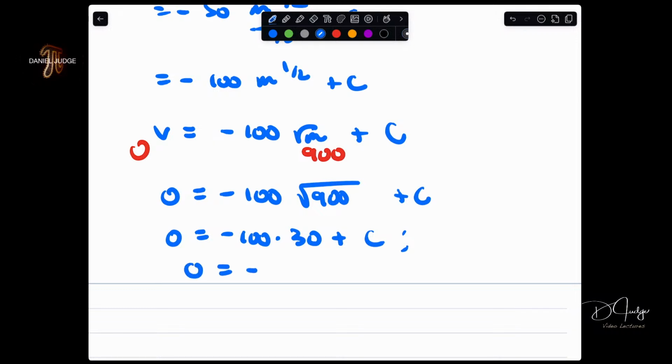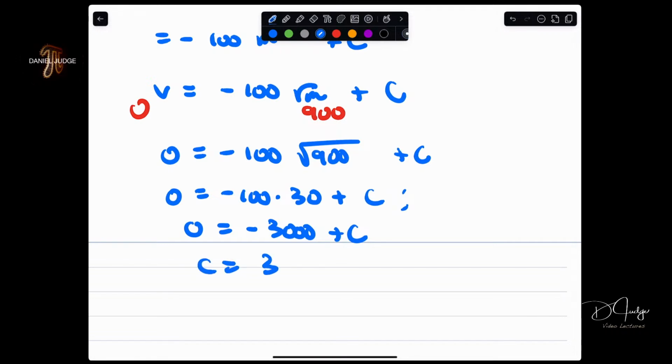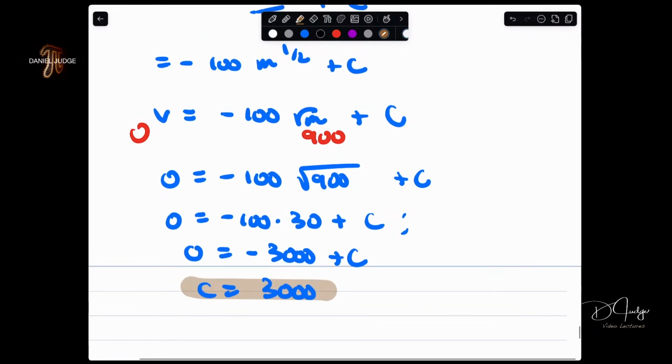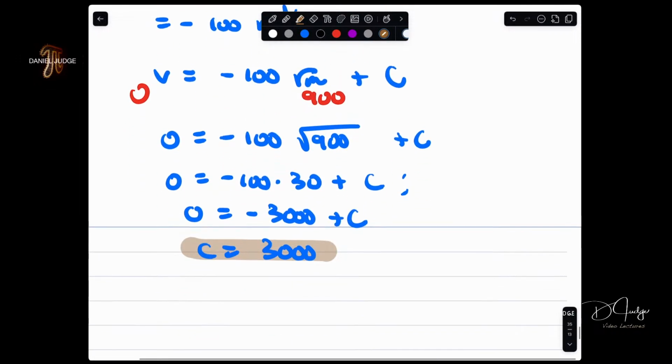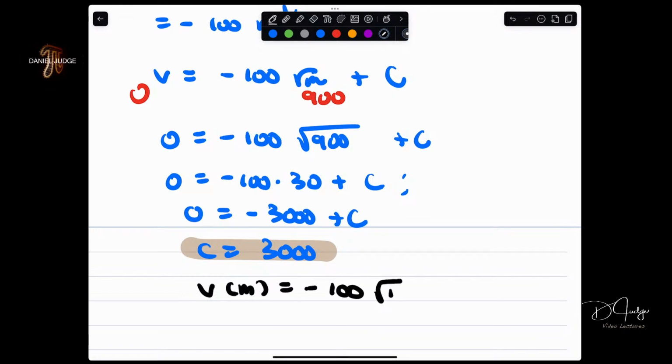Or we say 0 is negative 3,000 plus c. So your c is 3,000. So here's your velocity function in terms of mass, v of m is negative 100 square root of m plus 3,000. There we go.